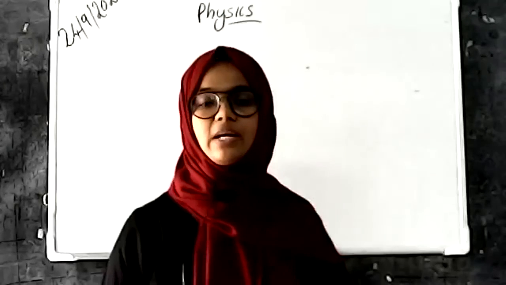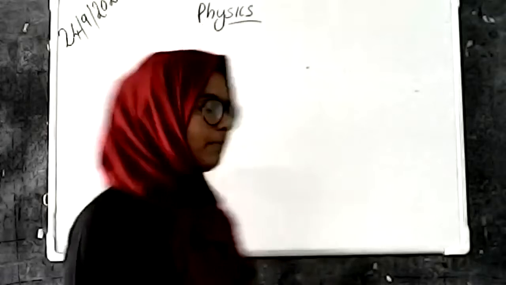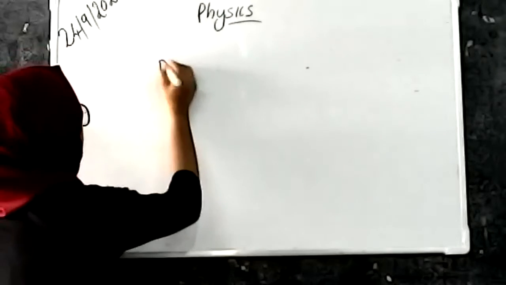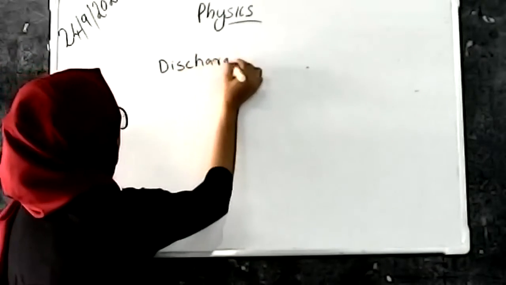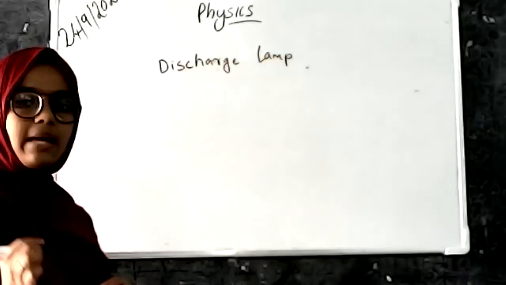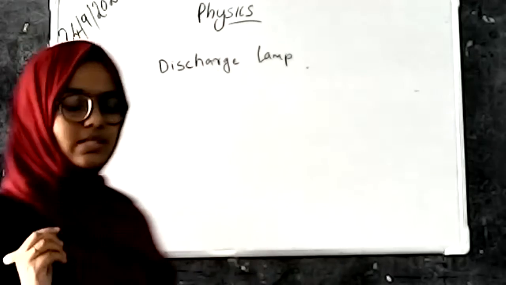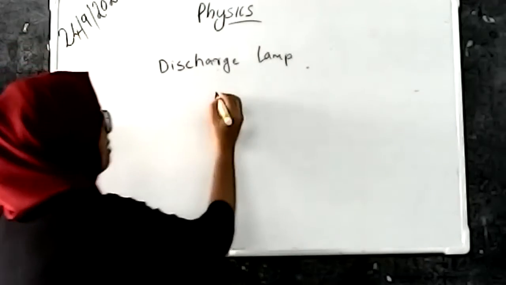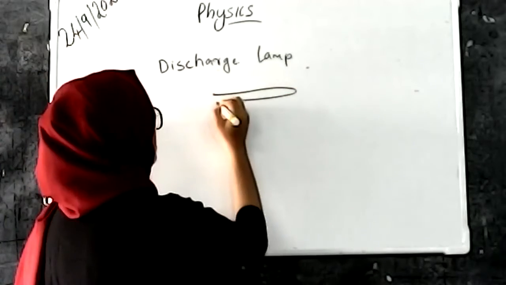Discharge lamp. First of all, we are discussing the discharge lamp. What is a discharge lamp? A discharge lamp is a lamp that shows the lighting effect of electricity. A discharge lamp has a glass tube and two electrodes.